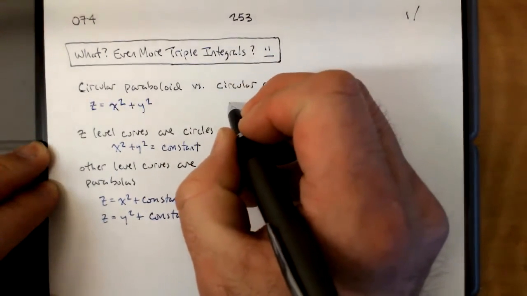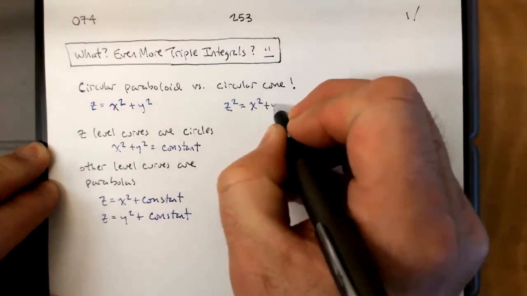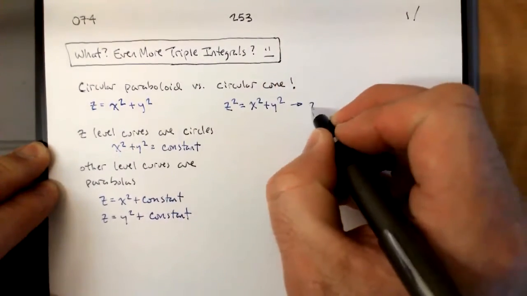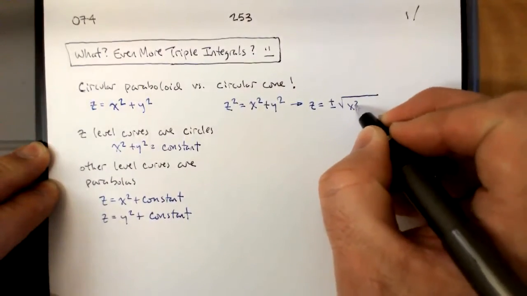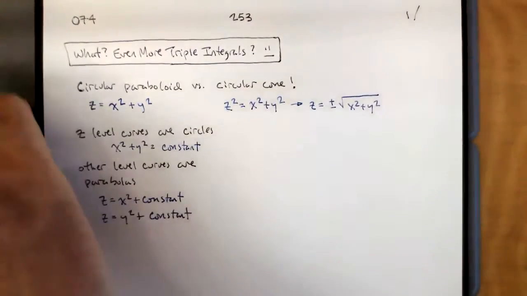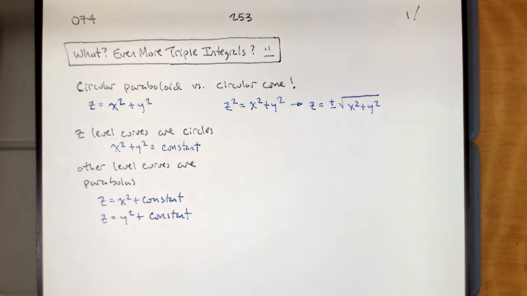If we have z squared is x squared plus y squared, then if we try to solve for z, we get z equals plus or minus the square root of x squared plus y squared.